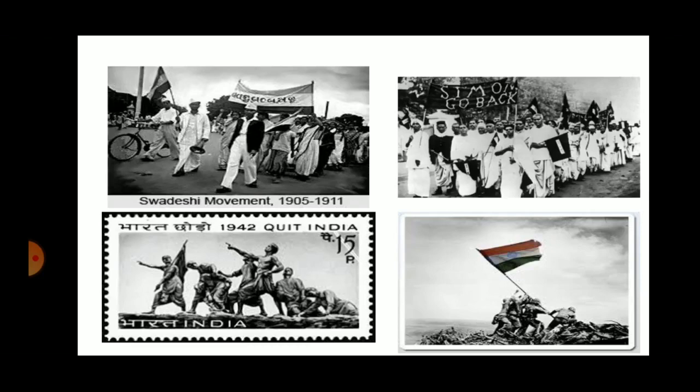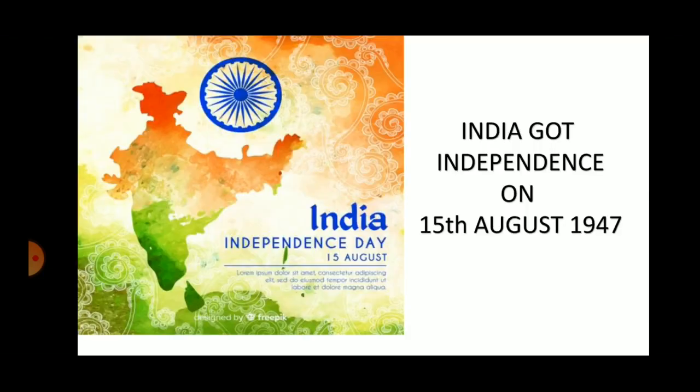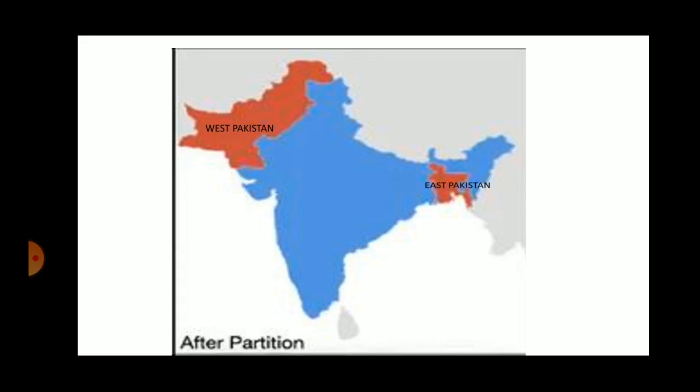After a long struggle by our great leaders, India got independence on 15th August 1947. But at the time of independence, these two red-marked parts, West Pakistan and East Pakistan, were separated from India. This is called partition.